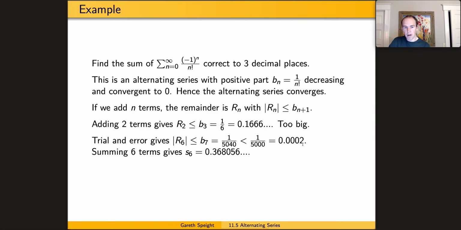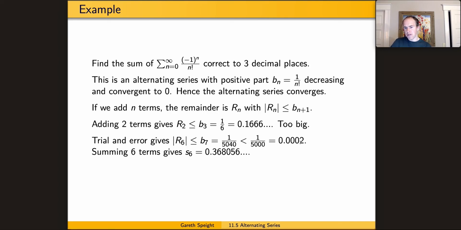So what will be the sum? How do we do that? We add 6 terms. If you plug in 6 terms in a calculator, writing out the terms up to the 6th, 1 over 0 factorial minus 1 over 1 factorial plus 1 over 2 factorial, and so on, S6 turns out to be 0.368056.